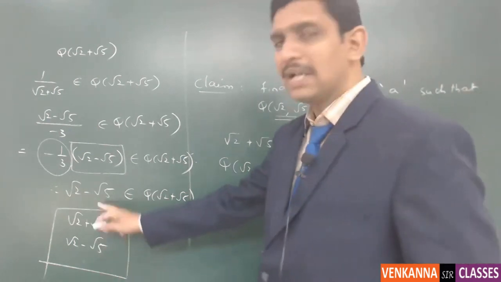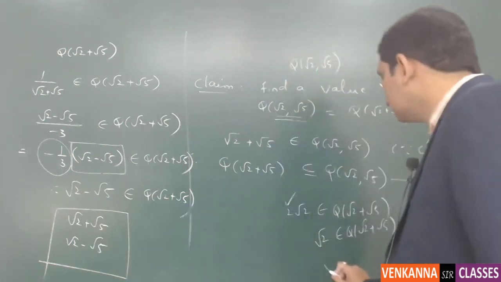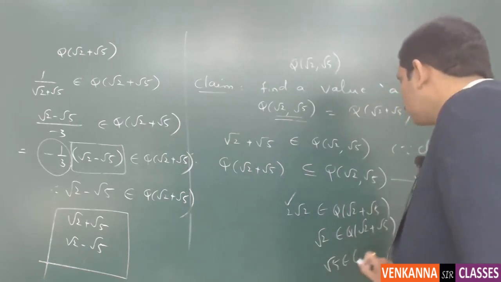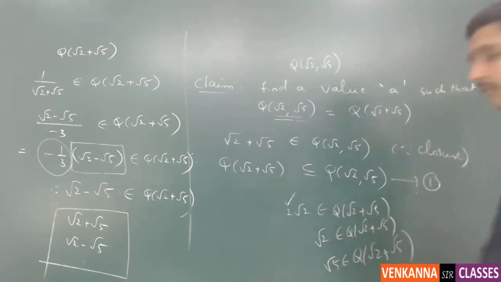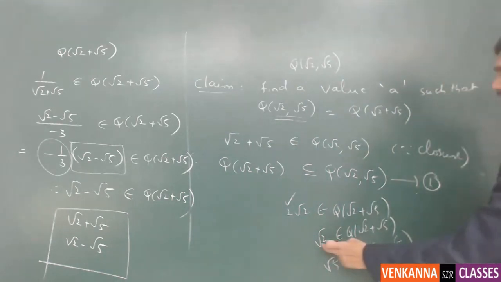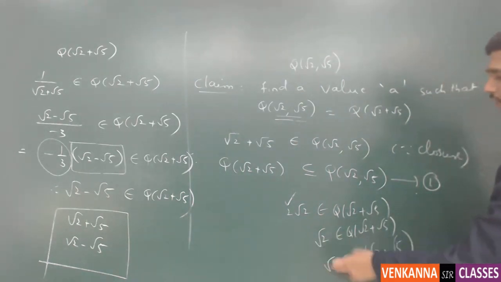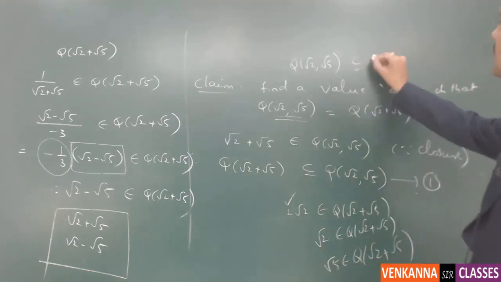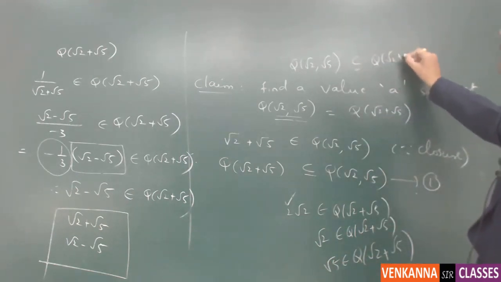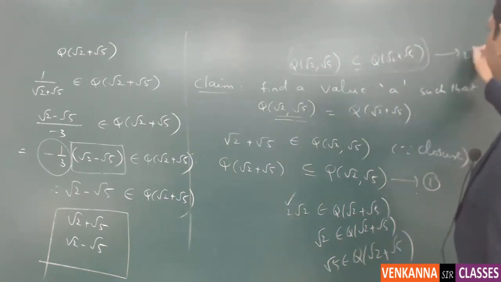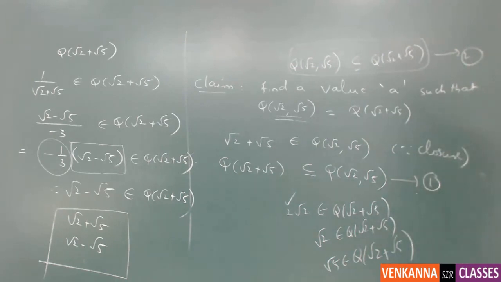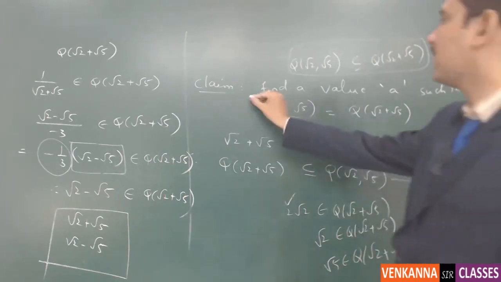Similarly, if you subtract these two, you can say that root 5 also belongs to Q of root 2 plus root 5. Since these two individual values belong to this set, immediately you can say that this is a subset of Q of root 2 plus root 5. So from 1 and 2 we can say that these two are equal.